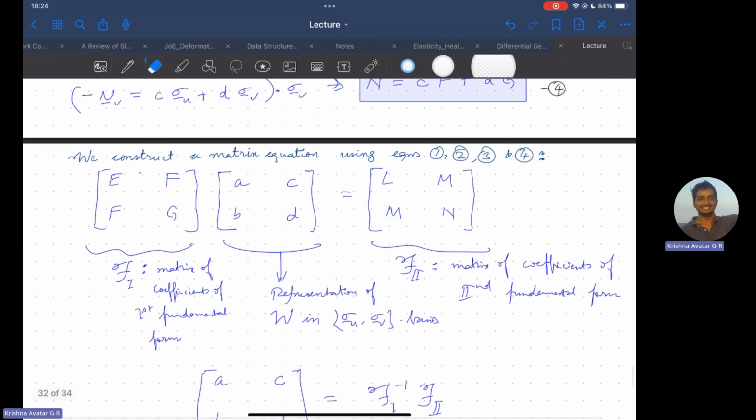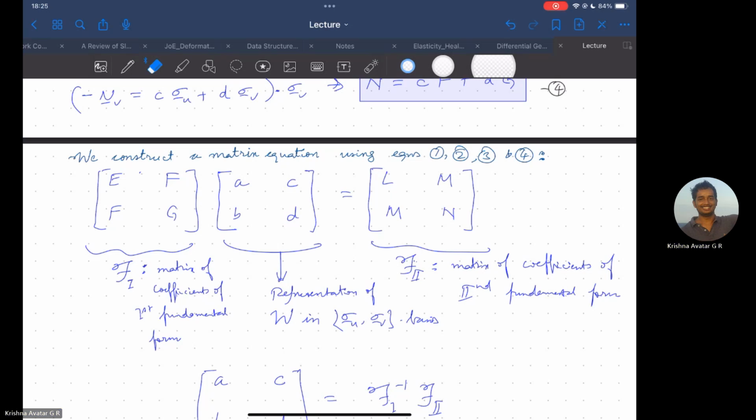Right, and the E F F G is a matrix containing the coefficients of the first fundamental form, and L M M N is the symmetric matrix which consists of the coefficients of the second fundamental form.